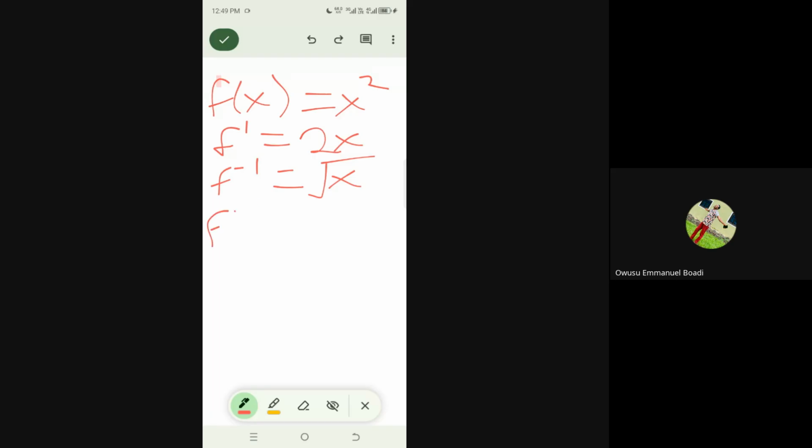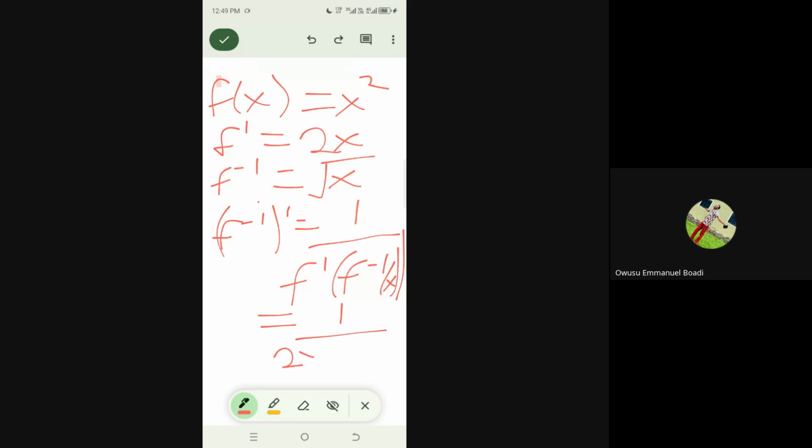So now we want to find f prime, and the formula is 1 over f prime of f inverse of x. And we know that f prime was 2x. But remember that wherever you see 2x, it is 2 f inverse of x.